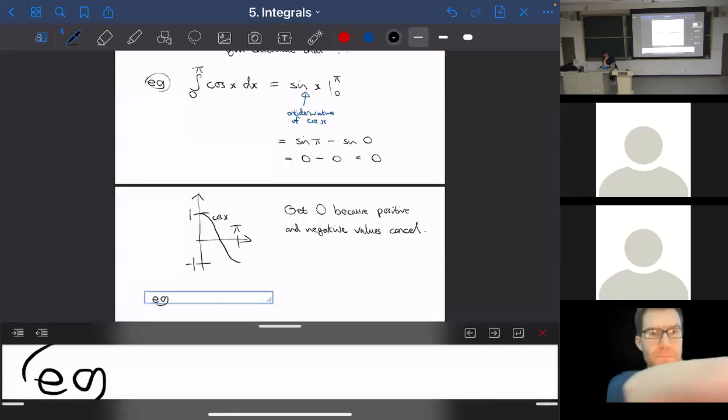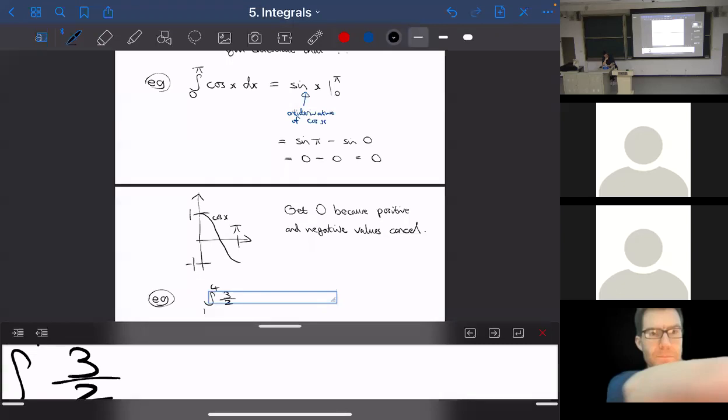So one more example. Those were with trigonometric functions, but we can also work with powers.